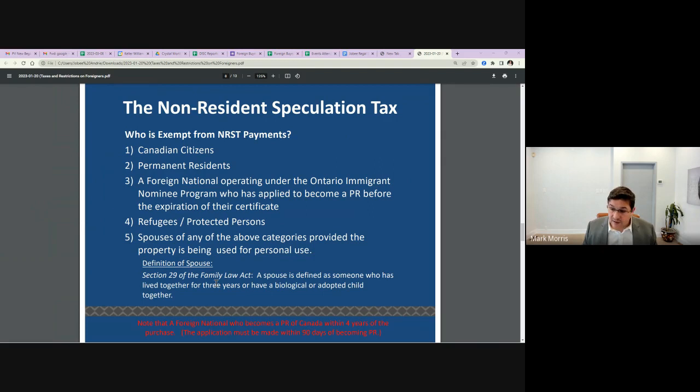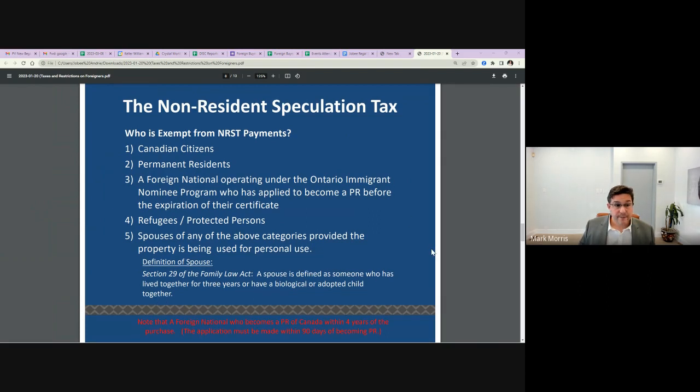They are not exempt from the NRST. One of them is Canadian, one of them is not. They both need to be on title because that's the way they can qualify for a mortgage. They're able to buy the property, but if they buy the property, unfortunately, one of them is still subject to the NRST, and thus a 25% premium on the whole amount. Sucks. There it is. Let's move on to the next page if you don't mind.